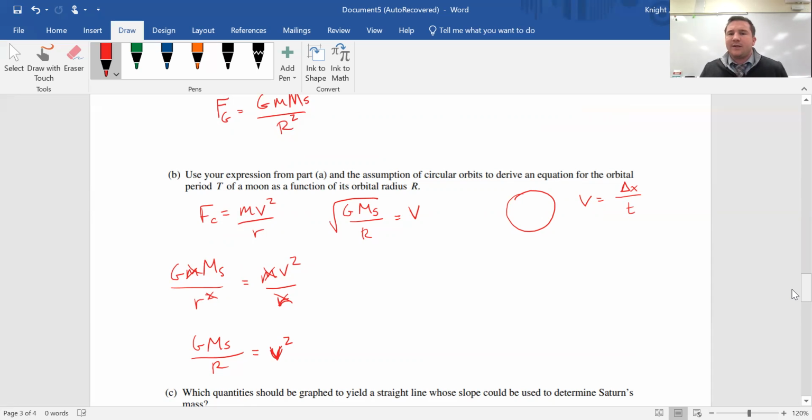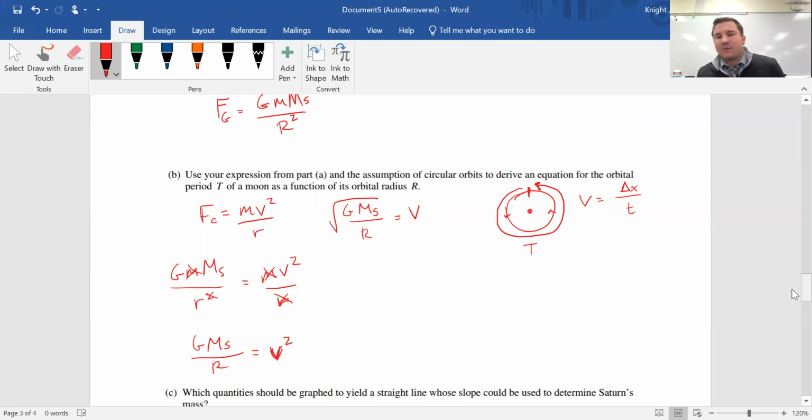So as our object is orbiting here at speed v, it'll take a certain amount of time to complete one lap. And that one lap is the period, right? The time it takes to go around once is the period.